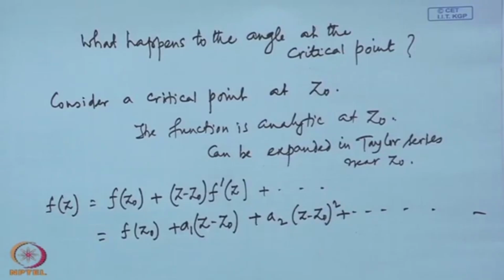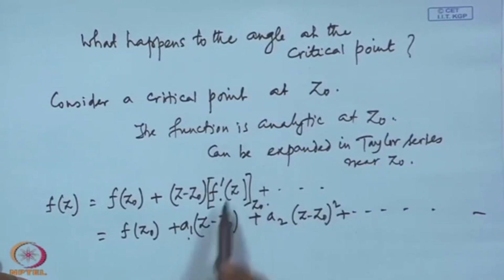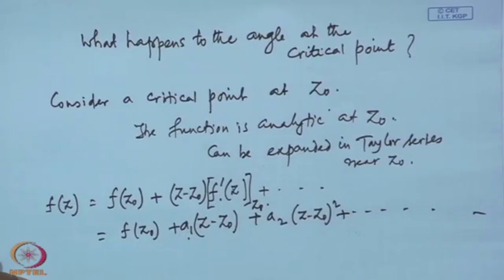Now, since z0 is a critical point, we can clearly say that a1 is 0, because df dz at z0 is 0. What is our a1? a1 is this f prime at z0, and since we have a critical point at z0, a1 is 0.